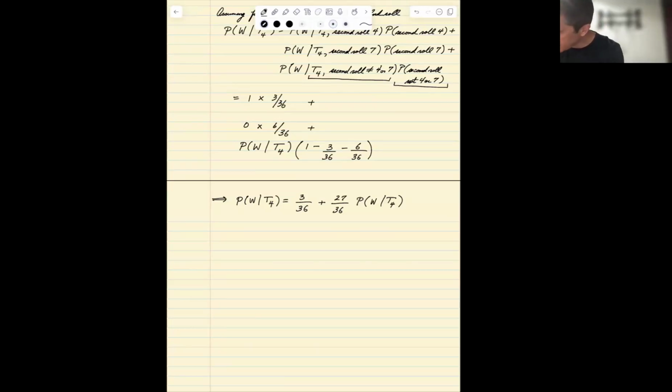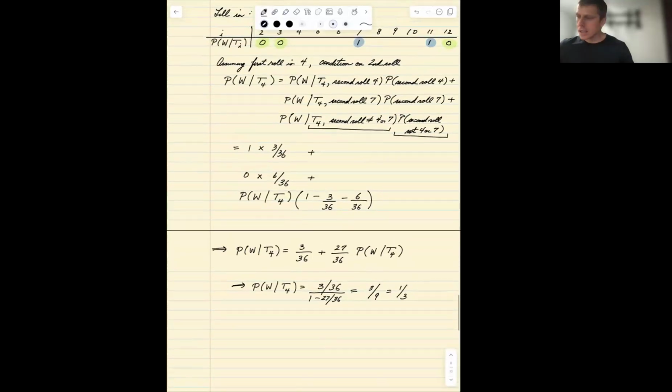Okay, we solve for this and do a little algebra. What do we get? We get 3 over 36 divided by 1 minus 27 over 36, which is 9 over 36, which is 3/9, which is 1/3.